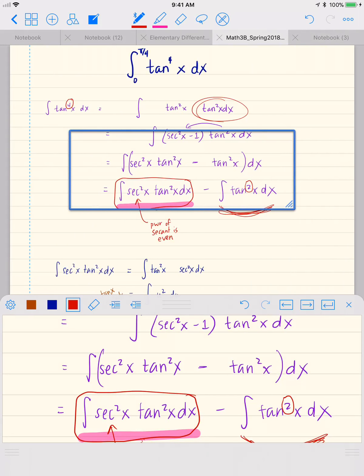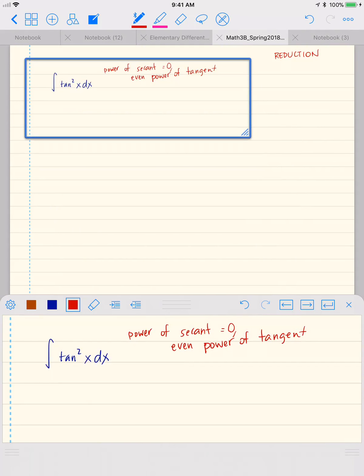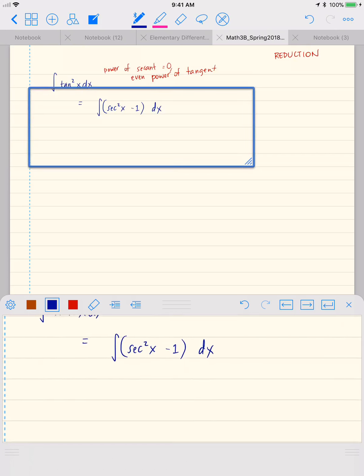So what are we going to do? We're going to peel off a factor of tangent squared. But here, do you see how there's really nothing to peel off? So we're just going to rewrite this as secant squared x minus 1, dx.